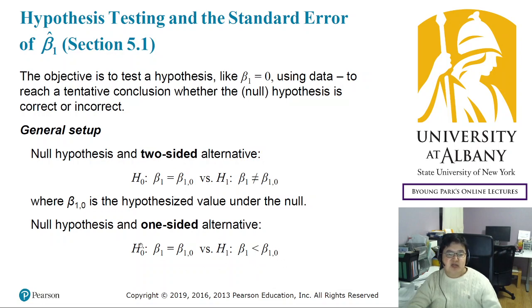It's a little bit different. Your algebra should be different later. But here, for a while, we are going to focus our attention on the two-sided test. The one-sided test, I believe you learned in the prerequisite course how they are different and how you can calculate each case, so I'm not going into detail.